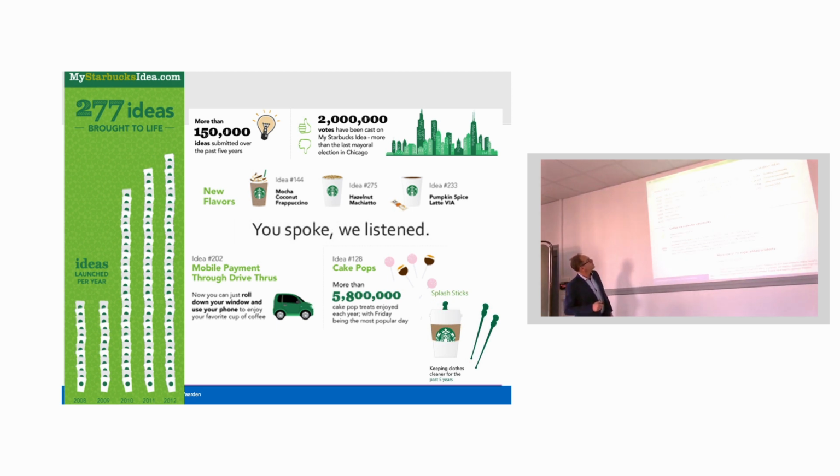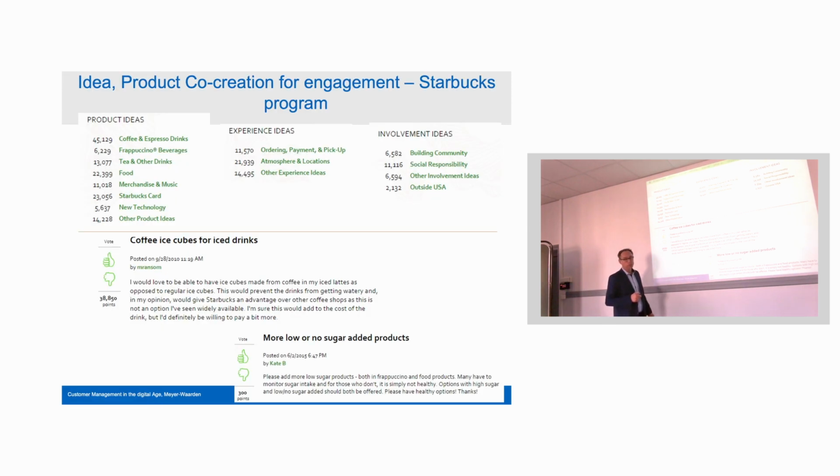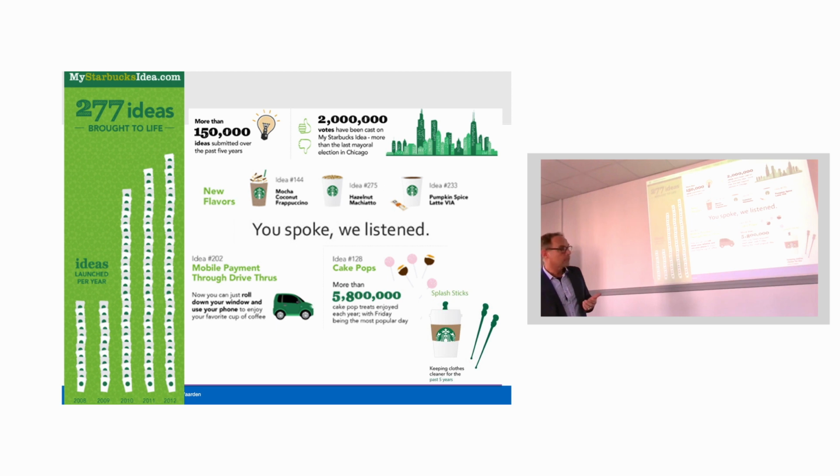Here are some ideas related to food, experience ideas, so for improving payment, ordering, pickup, atmosphere, locations, and community ideas. This idea is a splash stick. The splash stick eliminates immediately the coffee on the shelf. The other idea was an ice cube with the taste of the beverage.